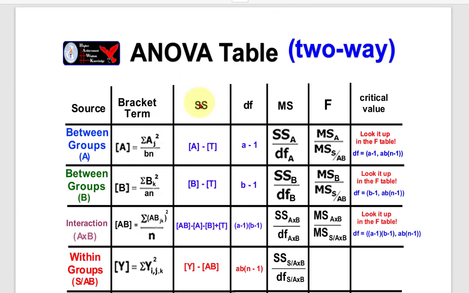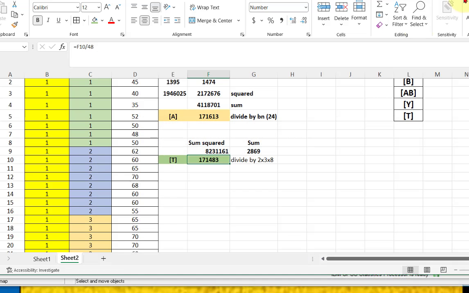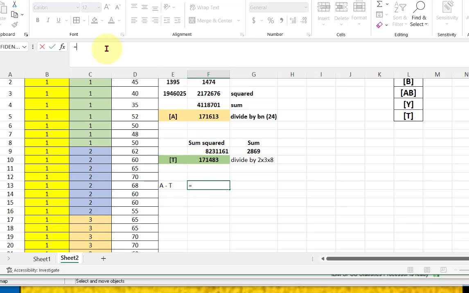Right, our sum of squares should be a minus t. A minus t, a minus t, a minus t. Something doesn't look right here. So a minus t equals a minus t.